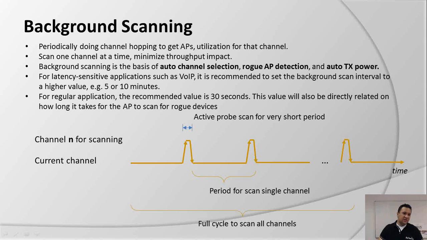Background scanning does a periodical scan on the access points, and it will scan on certain parameters like TX power and a readout of the adjacent access points, what is available. And it takes a certain interval and a certain time frame to scan the network.